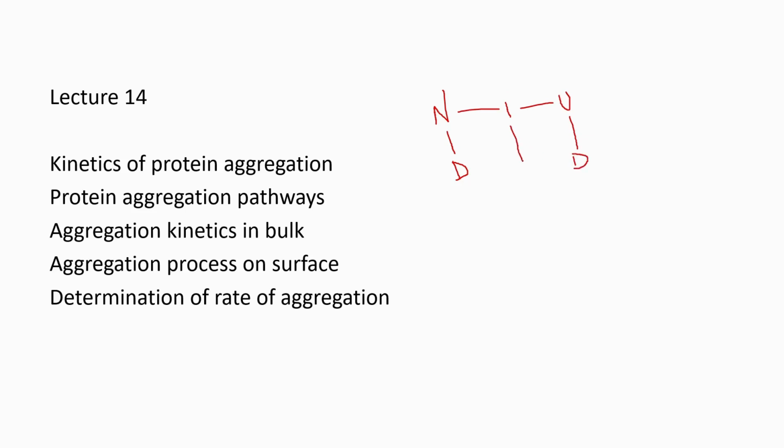Then these intermediate forms aggregate. Similarly, the degradation products will also form aggregates, and this will then lead to formation of precipitate. So these are the common protein aggregation pathways most proteins follow.